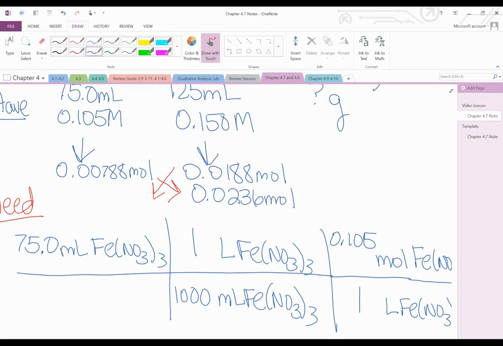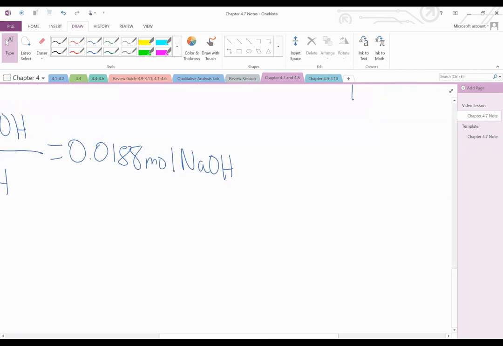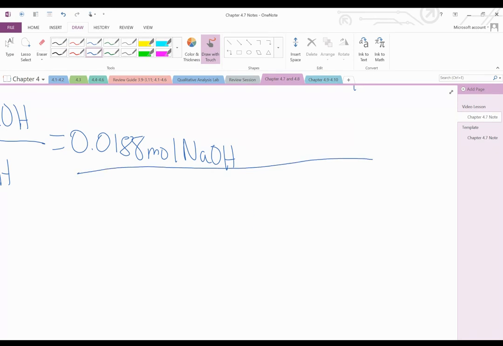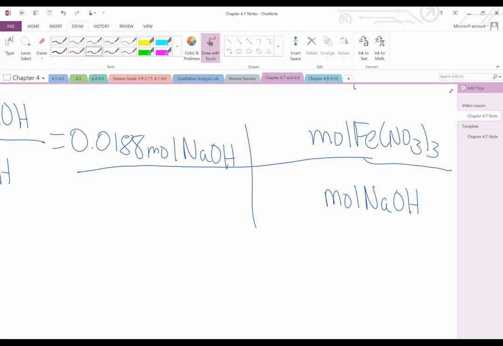And you can see when we subtract this, we don't have enough sodium hydroxide. So the sodium hydroxide is the limiting reactant, but I'm still going to double check. I'm going to convert from what I have in moles of sodium hydroxide to moles of iron 3 nitrate. And so I have 1 mole of iron 3 nitrate reacting with 3 moles of sodium hydroxide.